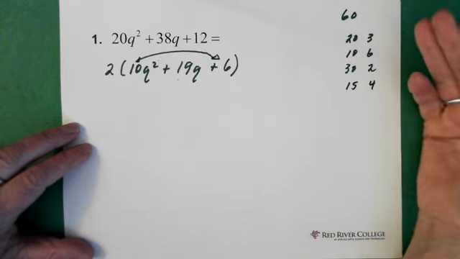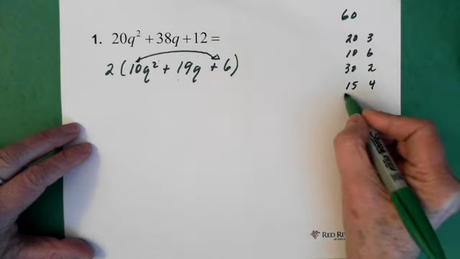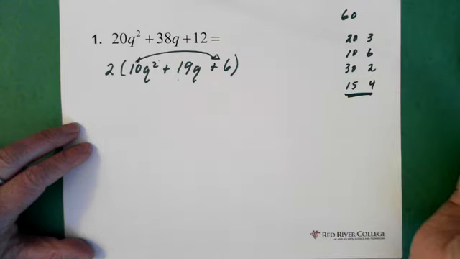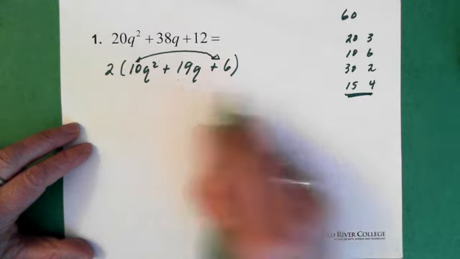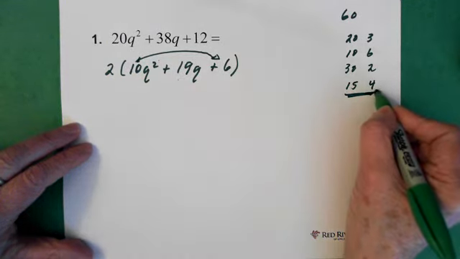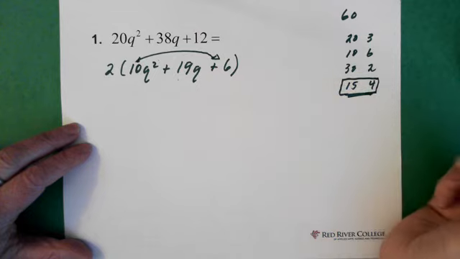Probably more options, but I'm seeing this 15 and the 4, and the relationship to 19. So I'm thinking the numbers I have to be looking for are these two.